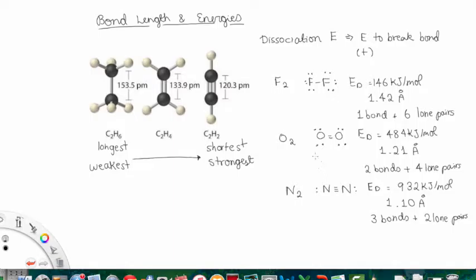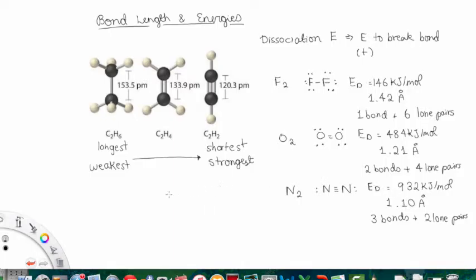As you can see, the bond strength increases going from single to double to triple, but you can also see the relationship with the lone pairs. You have 6 lone pairs for the single bond, meaning a lot of electron-electron repulsion between the neighboring atoms, and 2 lone pairs for the triple bond, meaning that interaction is a lot less.